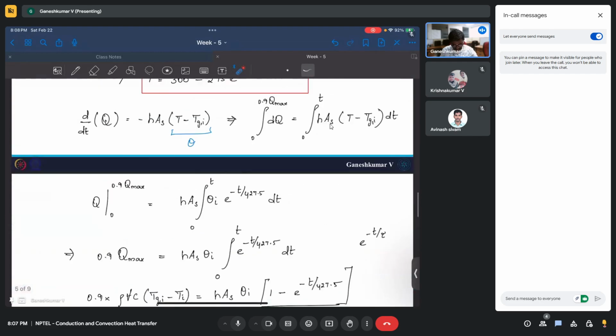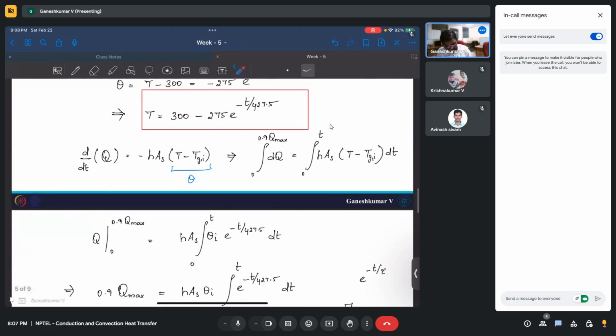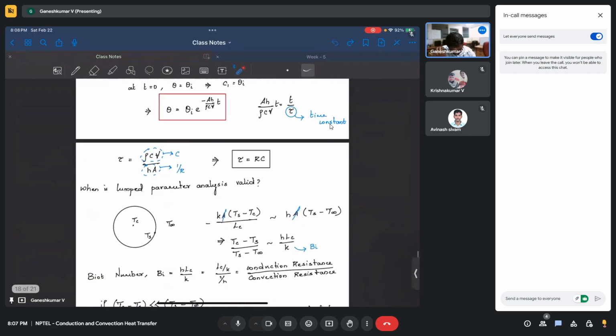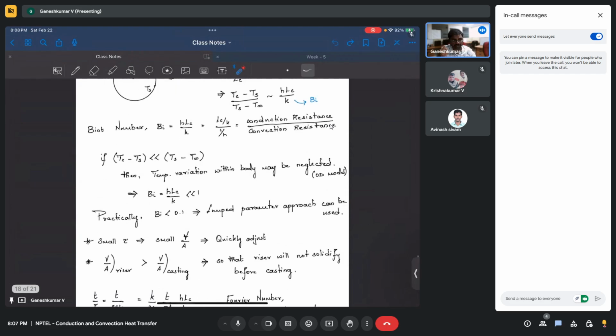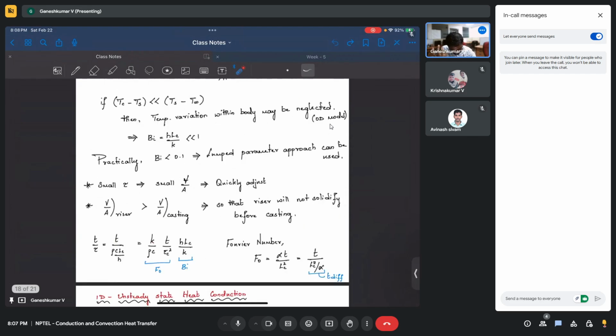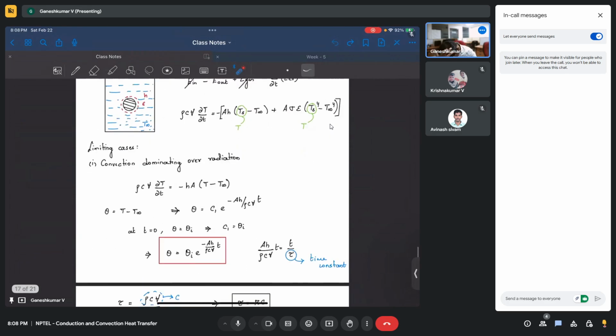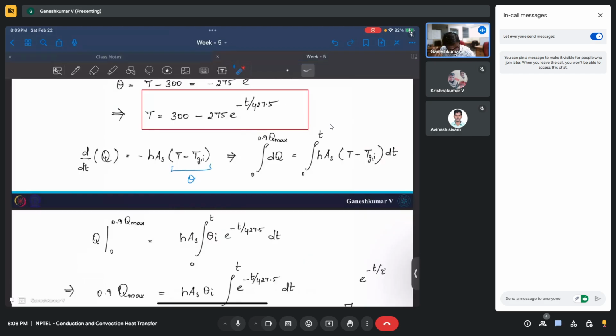I hope there is no question. I think this is a new thing that we did here. I think the professor didn't do how much heat, how the heat is varying with temperature, how the energy storage is varying with temperature.